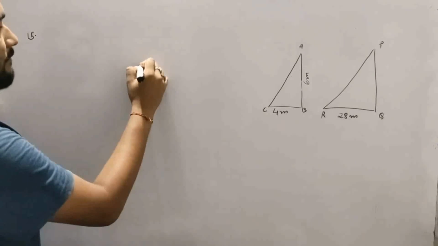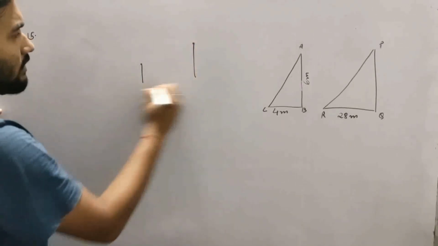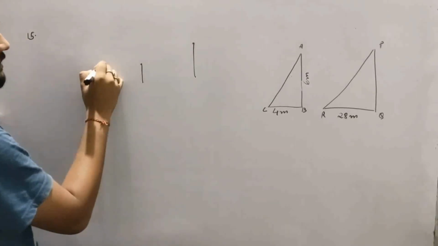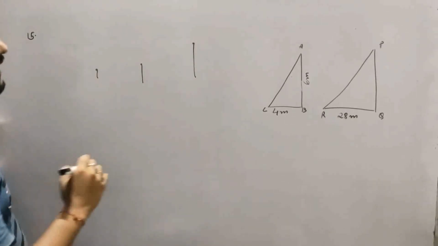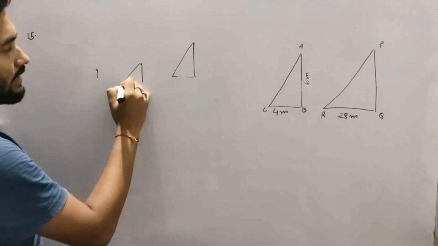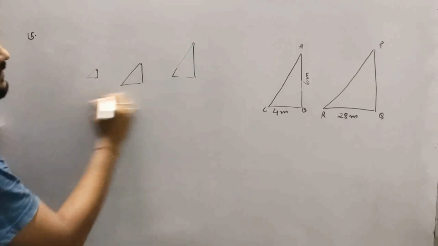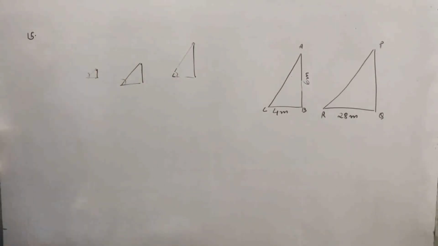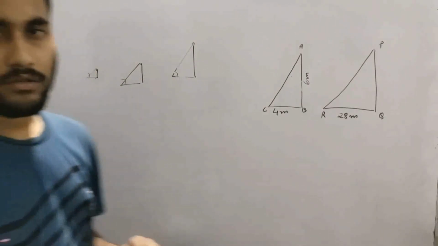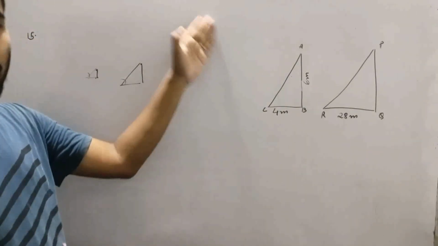Say this is an object, and this is another object, and this is another short object. At a particular time, whatever shadow they are casting on the ground, this angle will always be equal. At a different time, the position of the sun will be different.